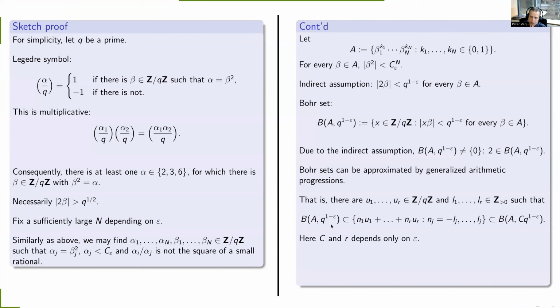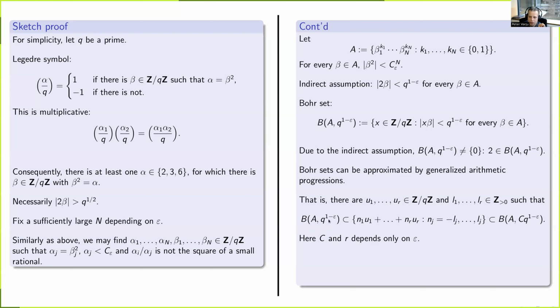Namely, this feature is that I can have this approximation with R, the rank of the generalized arithmetic progression, and the constant that appears here, such that it depends only on epsilon. And it doesn't depend on how many frequencies I add.